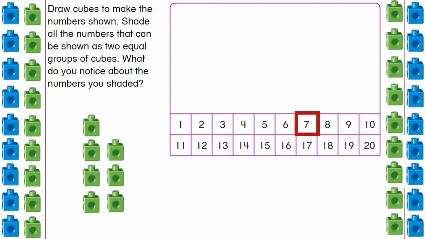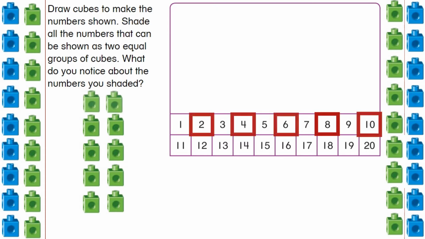What do you think will happen if I move on to 8? Let's see. Oh yeah, look at that. What'll happen if I move on to 9? Oh, and look what happens when I move on to 10. I think I see a pattern here.